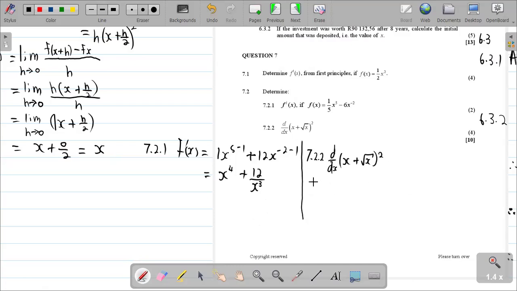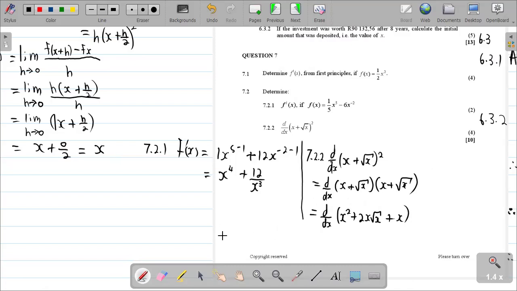So it's going to be square root of x plus 2x root x plus x.